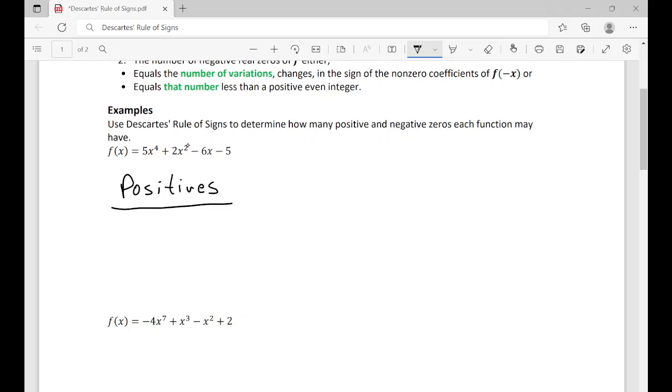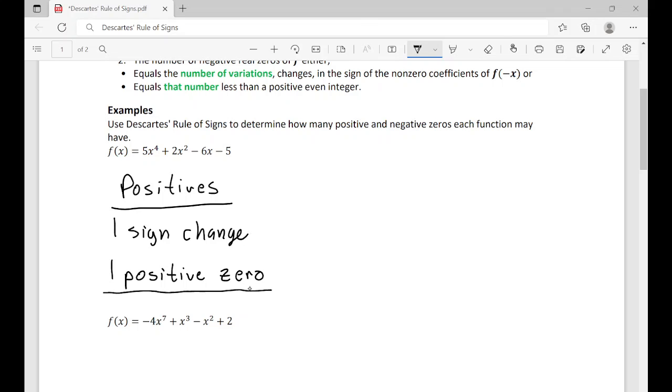It changes one time from positive to negative. So since it changes one time, there is one sign change. This means that there can be at most one positive zero. And that's all you do for positives.